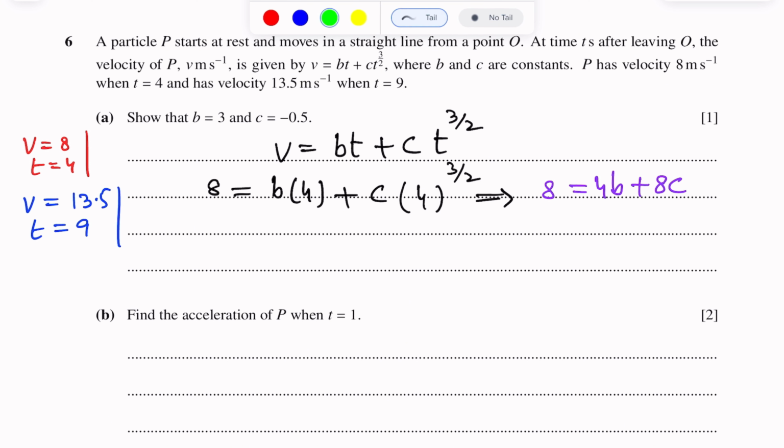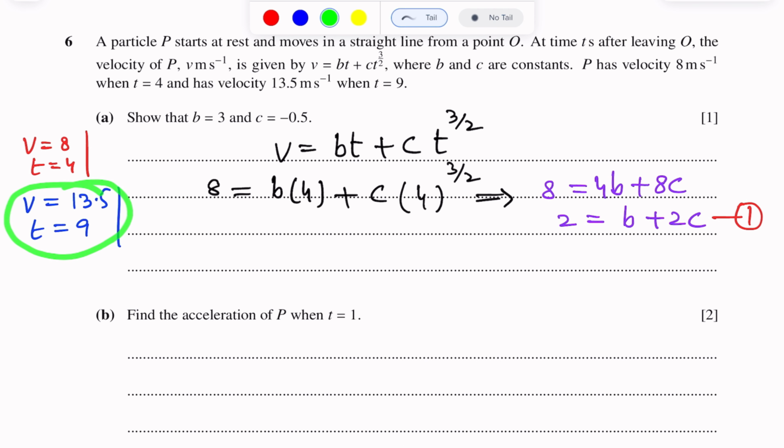This equation is in B and C. Further, we can simplify it because all the terms are multiples of 4. We can divide each side by 4 and get 2 is equal to B plus 2C. This is equation number 1 for reference.